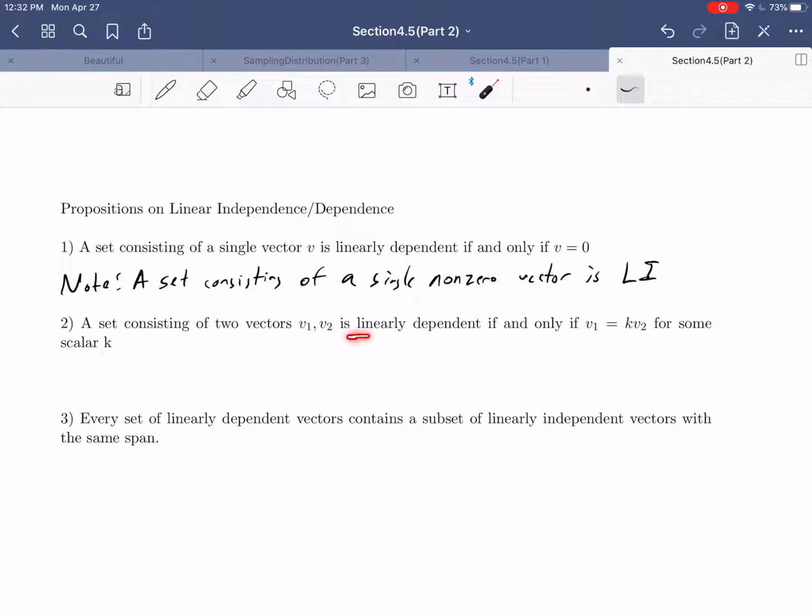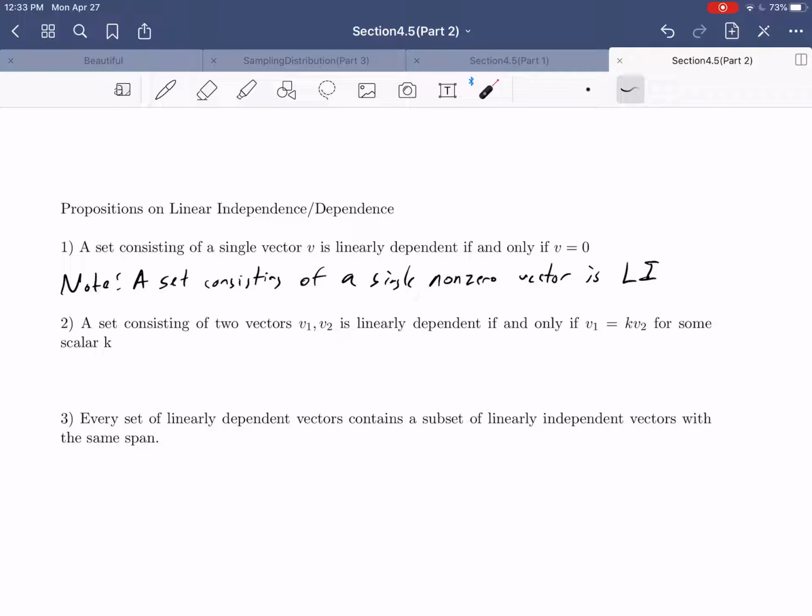Remember that in general, one of the main things that we showed in the previous video is that linear dependence is the same as at least one of the vectors being a linear combination of the others. Now remember, a linear combination means a scalar multiple of one vector plus a scalar multiple of another plus a scalar multiple of another, so on and so forth. But when you only have two vectors, being a linear combination reduces to being a scalar multiple. And that's all this property is saying.